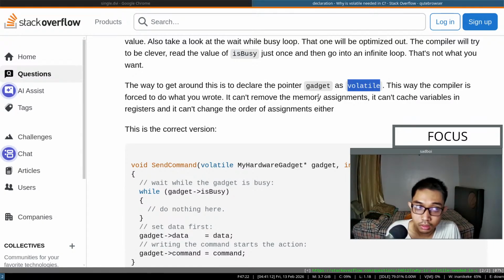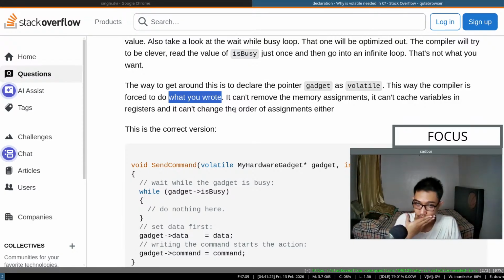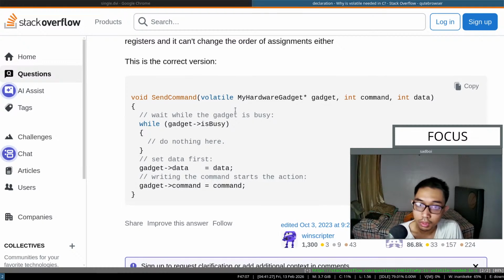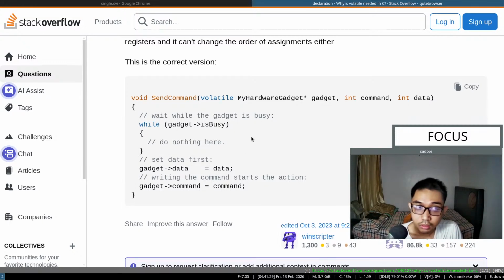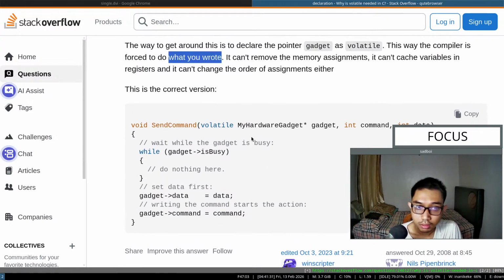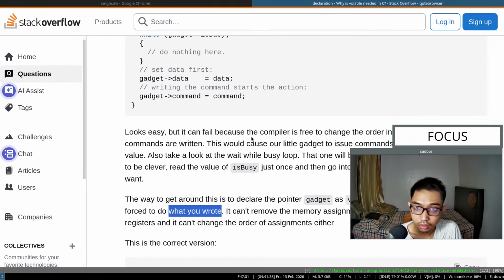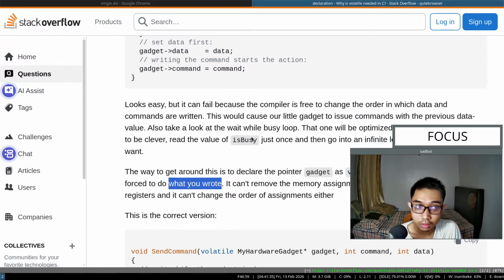Volatile. Okay. In which data and comment are written.